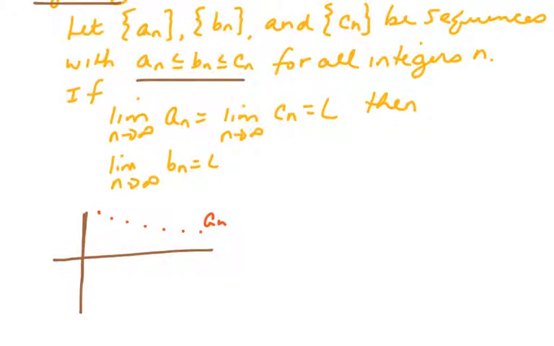And if we have another sequence, CN, and in the middle is your BN, and this sequence converges to L, and this sequence also converges to L, then because BN is between it, it also is going to converge to L.